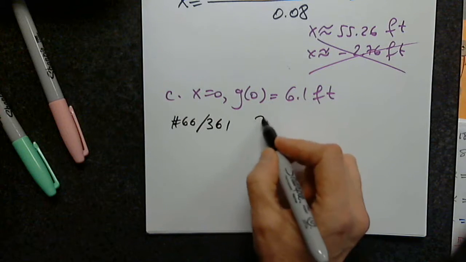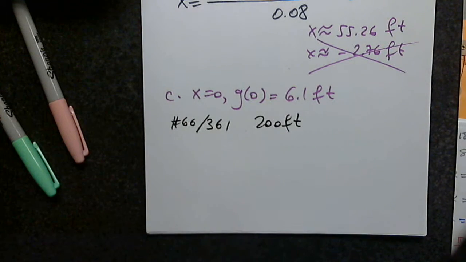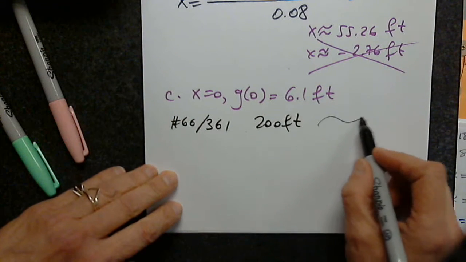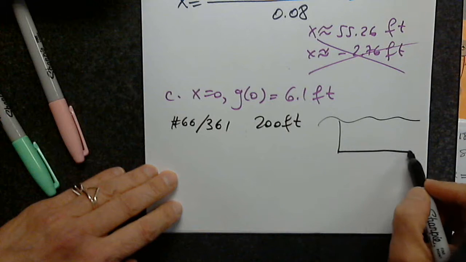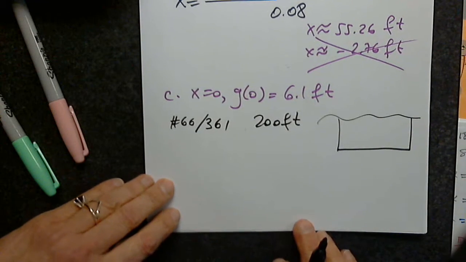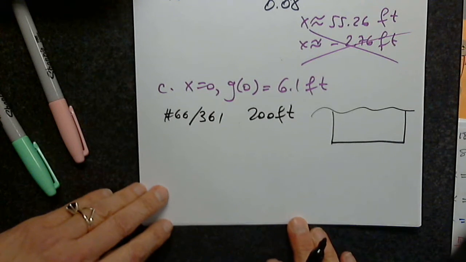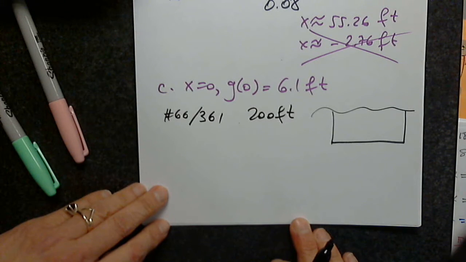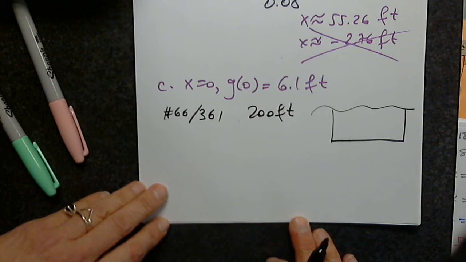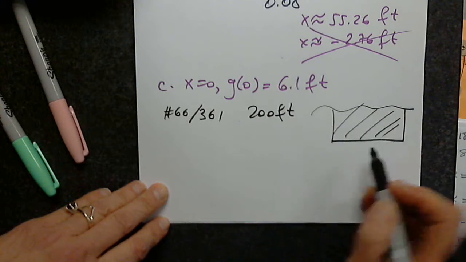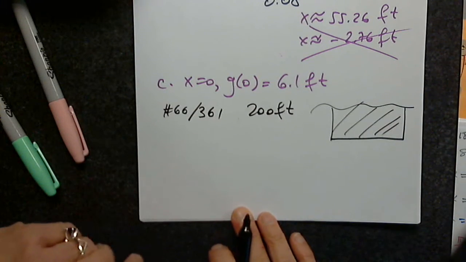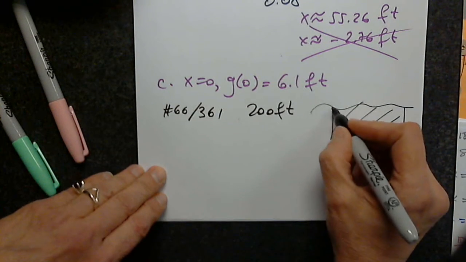You have 200 feet of fencing to enclose a rectangular plot that borders on a river. So we are given the picture. Here's the river, and here is your plot, and you want to put flowers in there or something else. So here is the rectangular plot, and you have 200 feet.